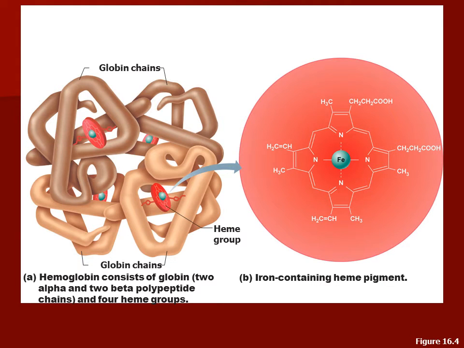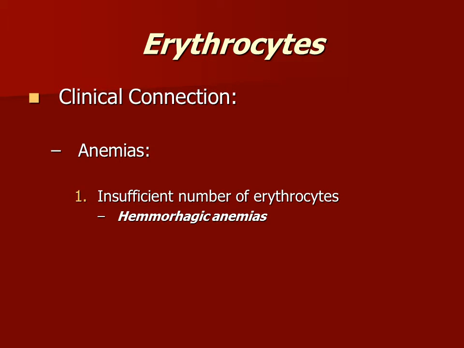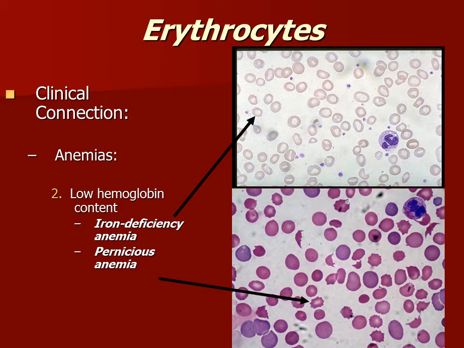As you can see in this diagram, an example in A of the hemoglobin, each heme group, and there's 1 heme per chain, each heme group can bind an oxygen, because it's got iron in the middle of it. In terms of clinical manifestations, if you have hemorrhagic anemia, that means you have an insufficient number of erythrocytes.